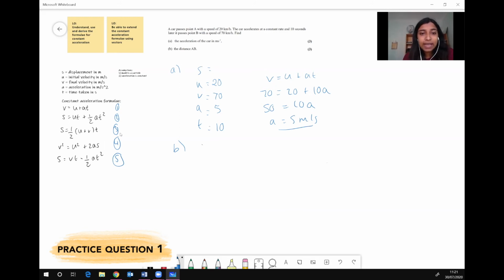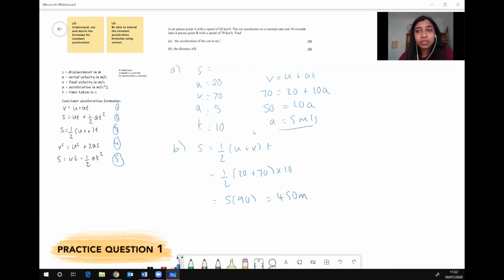So we could just say s is equal to half times u plus v times t, and just plug in all the values we have. So we have that equal to half times 20 plus 70 times 10, which is just equal to 5 times 90, which is just equal to 450 meters. So that's our answer to this question.